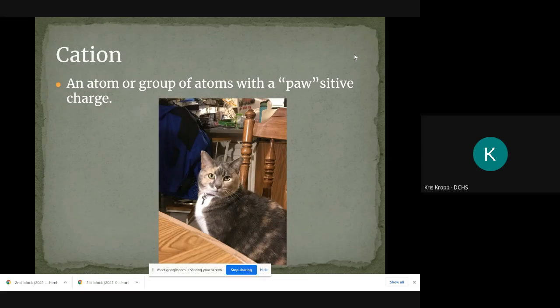Cat, positive charge. Who's laughing at home right now? Thanks, Livia. Just trying to help you guys remember these words. Anything I can do to help stick them in your brain, it's a good thing, right? So there's my big old cat, Callie. 18 pounds. She's a monster.